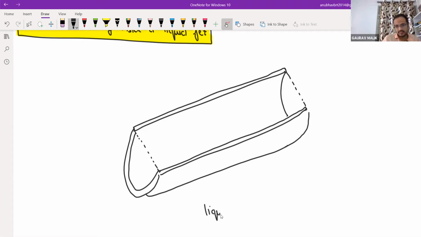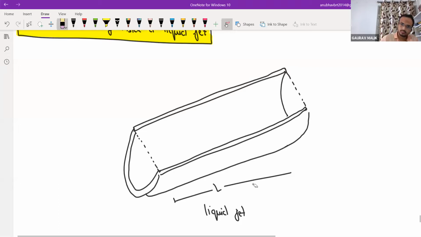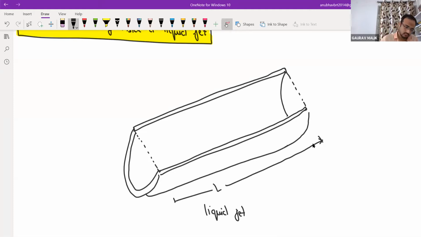This is a liquid jet. Assume its length is L, and this is the diameter, that is 2r.